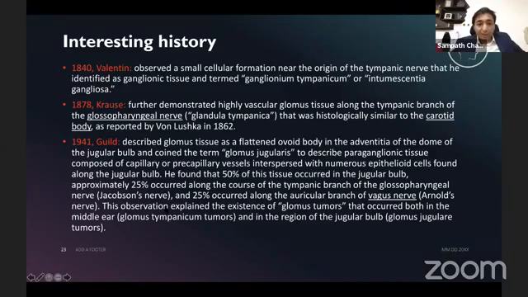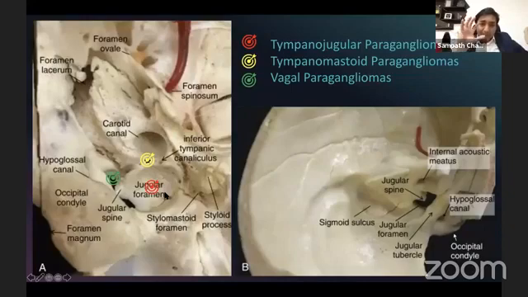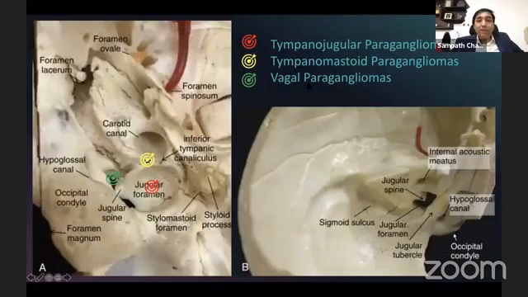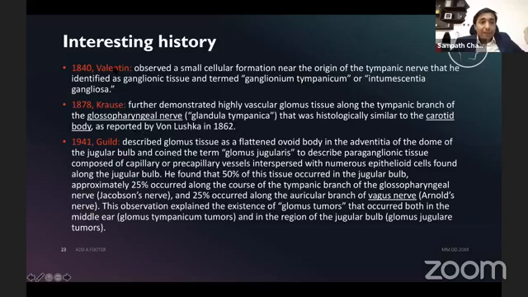So now, by this historical nugget, we now know why there are 3 types of paragangliomas. Okay, one is paraganglioma arising from the dome of the jugular bulb as described by Guild in 1941. This is what is known as tympanojugular paraganglioma, the red dot. Then we know that there is tympanomastoid paraganglioma, that is described by Valentin and Krause.